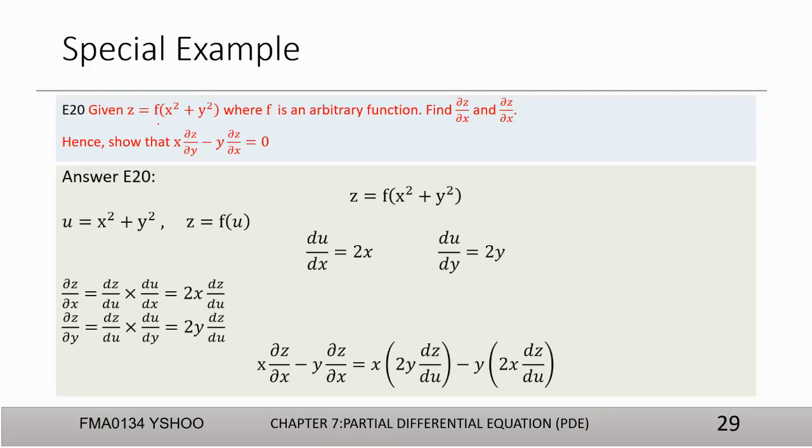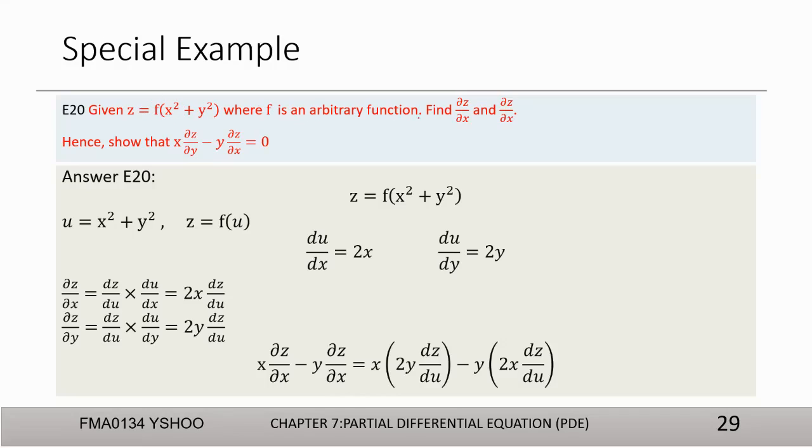It says let z equal f of x squared plus y squared, where f is an arbitrary function. I don't know whether you will see it again or not. Normally they do it for normalization, but I don't know why it is included in one of the examples in your chapter 7 in your module, so I also discuss it.